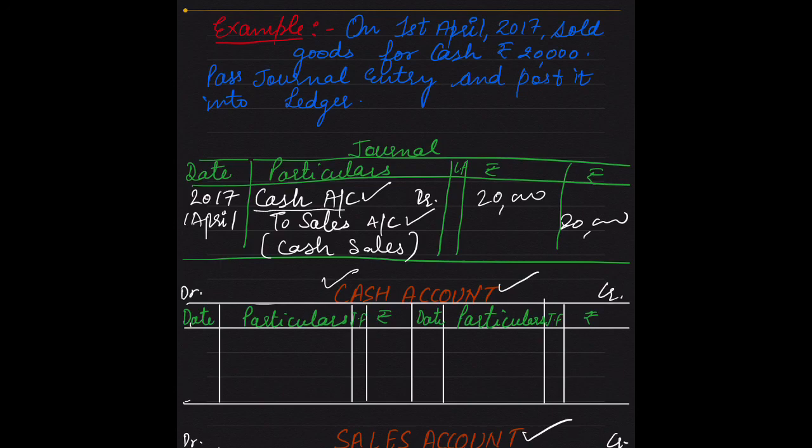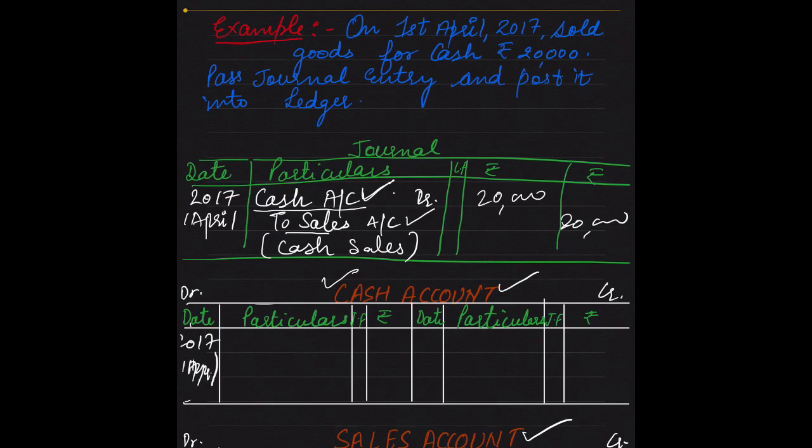See, cash is debit in the journal entry. What is opposite in the cash account? The opposite is the credit side. This is the debit side, cash is debit. Then the opposite is always the credit side. The credit side is sales and cash is debit. Then in the cash account, sales will be debited.